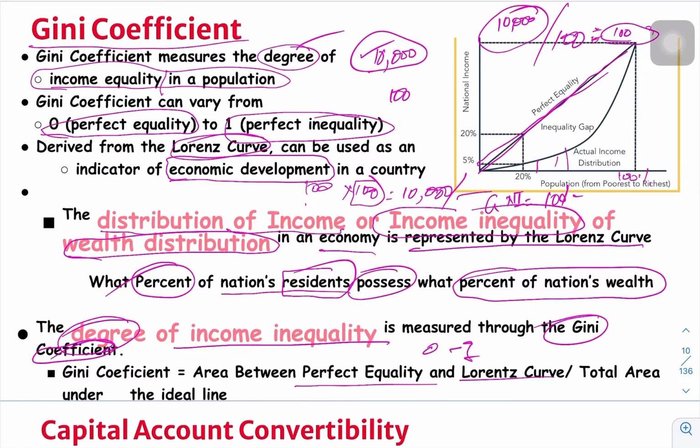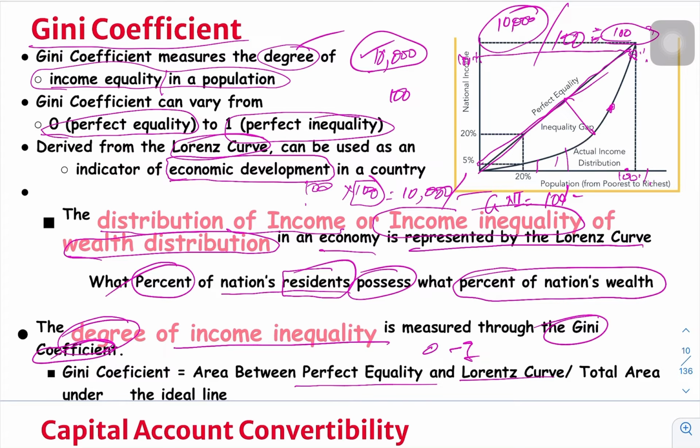However, only the last section, only 1% of the population, is getting almost 98% of the national income. That is what it is saying. This line represents the Lorentz curve, and this gap is called the inequality gap.